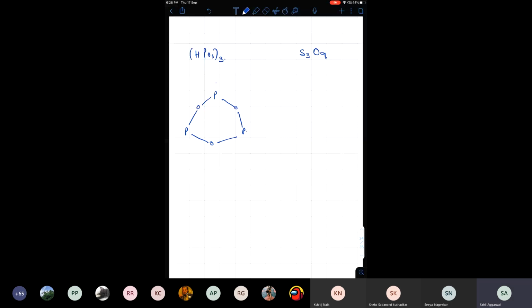We have to form double bond O. There will be 3 OH groups left. OH, OH, and OH. All of them are tetrahedral.